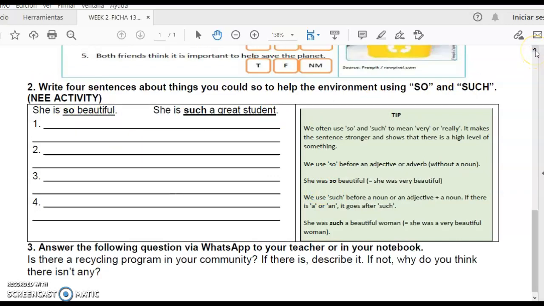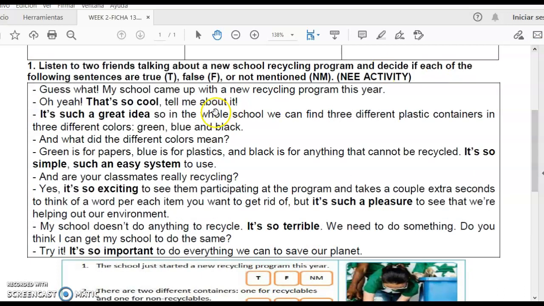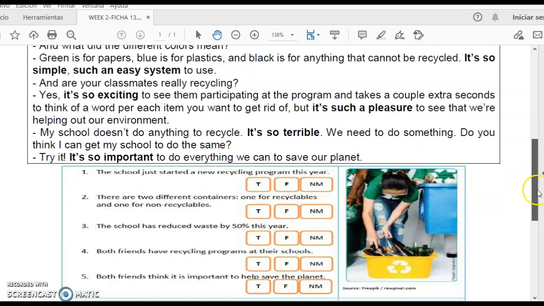Look at the examples here: it's so exciting. It's so important. Exciting is an adjective. So exciting. Important is an adjective. So important. We don't need a noun here. Just an adjective. It's so terrible. Terrible is an adjective. So terrible is okay.